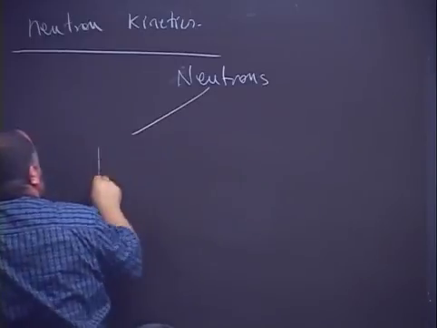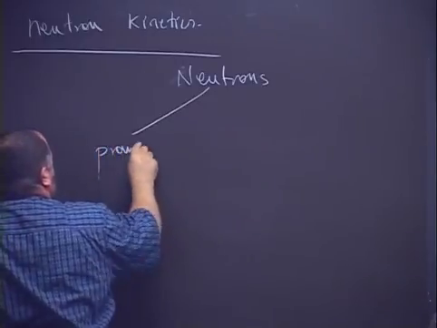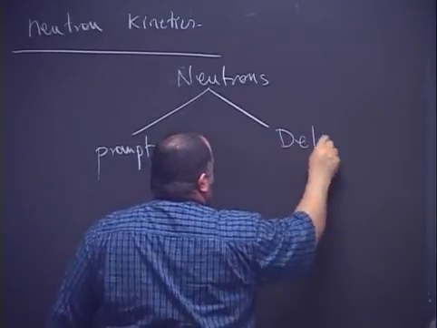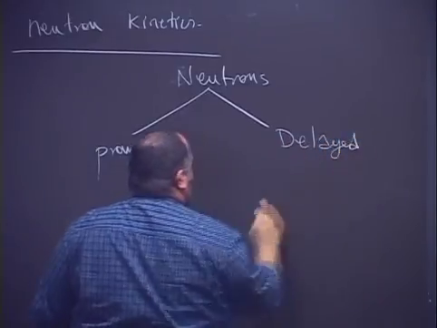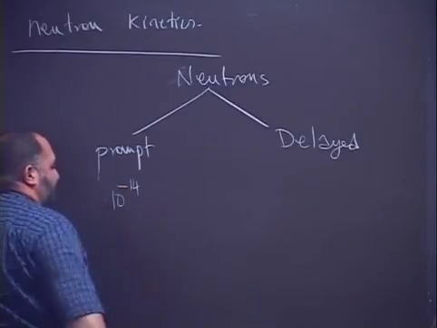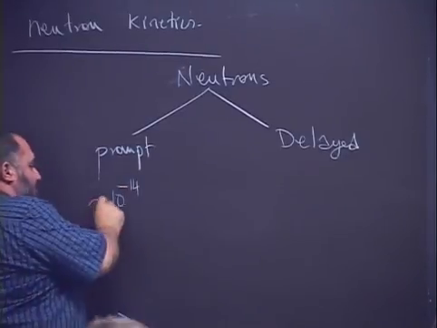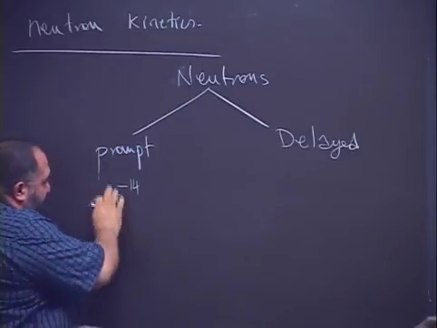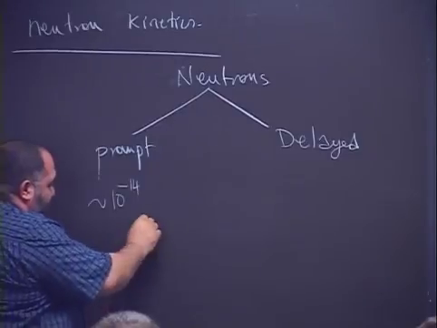Prompt neutrons from fission. The other one is what? Delayed. The prompt will get out in a time scale of nearly 10 to the power of what? Minus 14.